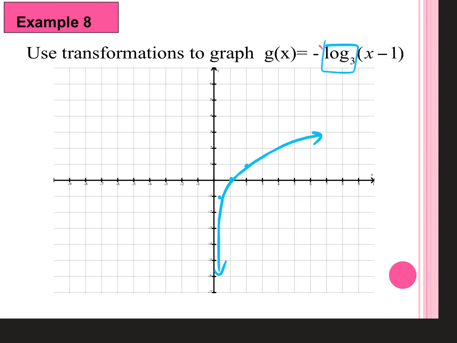So when I have a negative on the outside, that's a reflection on the x-axis. Remember, we keep our x's outside of the house, so when it's outside, it's on the x-axis. And then I also have a -1 on the x.